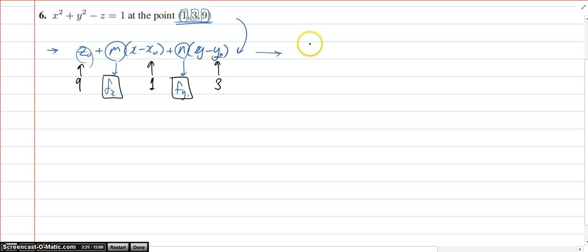Now, as we talked about before, fx is the derivative of this function when y is a constant and only x is changing, and fy is the derivative of this same function when x is constant and y is changing. In order to make this easier, let's change that equation in terms of z.